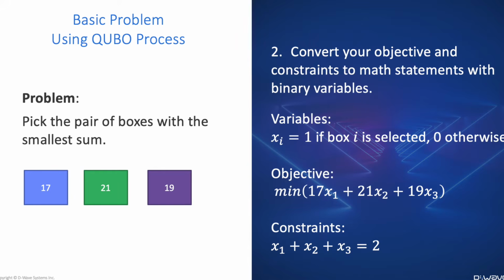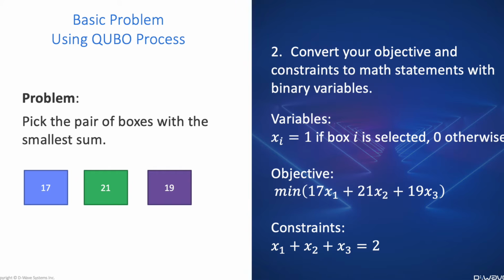And here's step 2 of the process. Convert your objective and constraints to math statements with binary variables. Okay, so the binary variable we'll use for this problem is x sub i equals 1 if box i is selected and 0 otherwise. Okay, much like the colors that I chose. In other words, x sub 1 for box 1 is going to be 1 only if that box is selected.